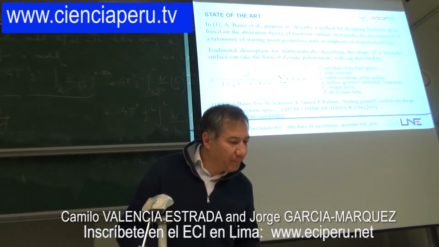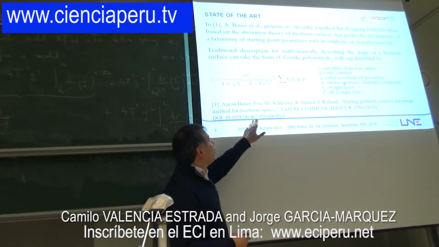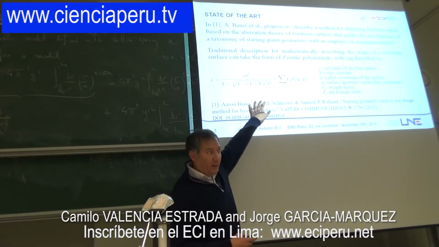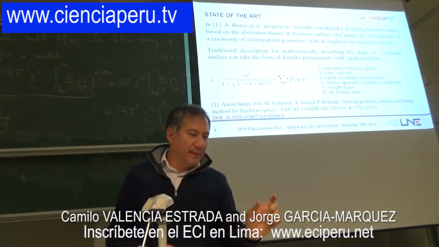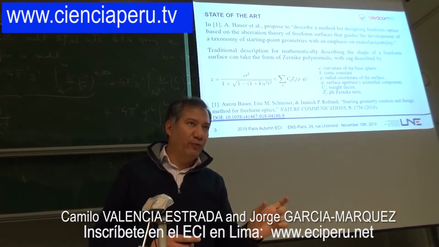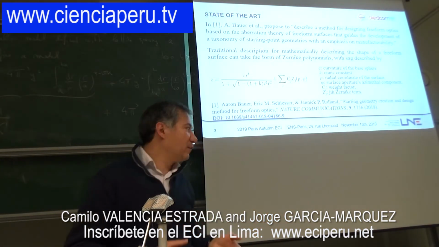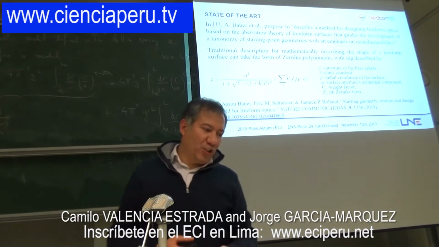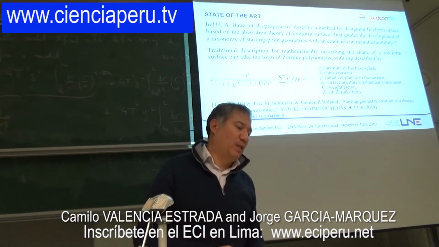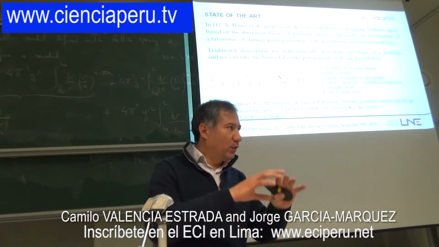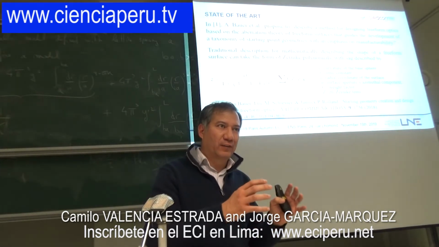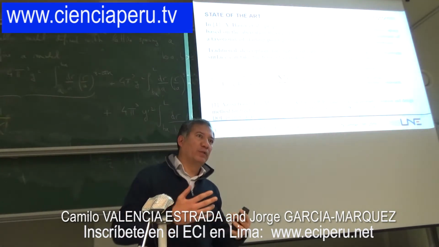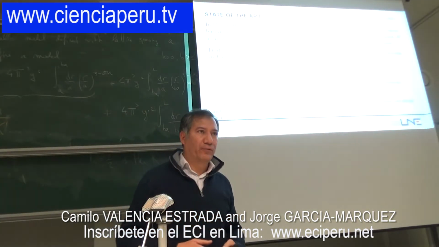Their approach to design freeform lenses is this one. We get a base surface that contains a conic constant, and the community adds a polynomial to include deformations to the lenses. With these deformations, we compensate the aberrations of a lens.